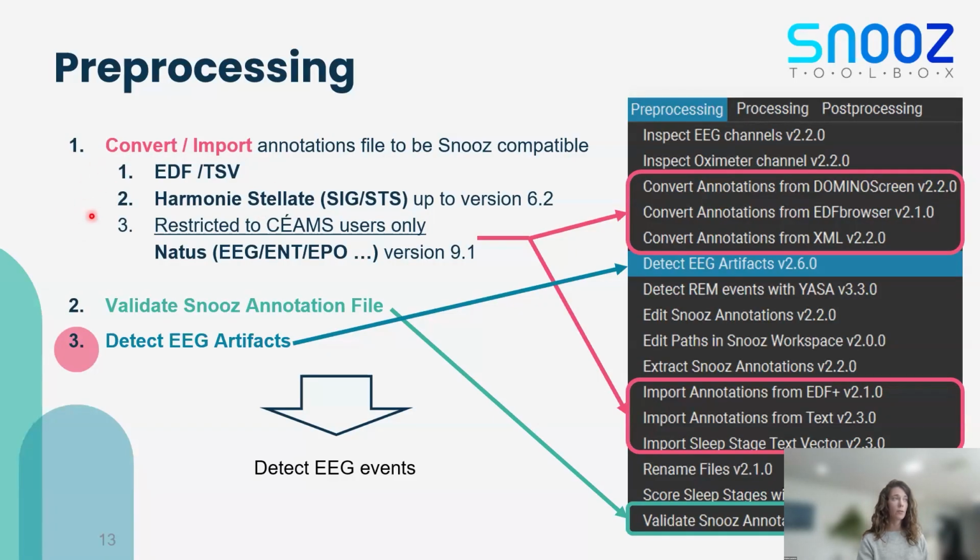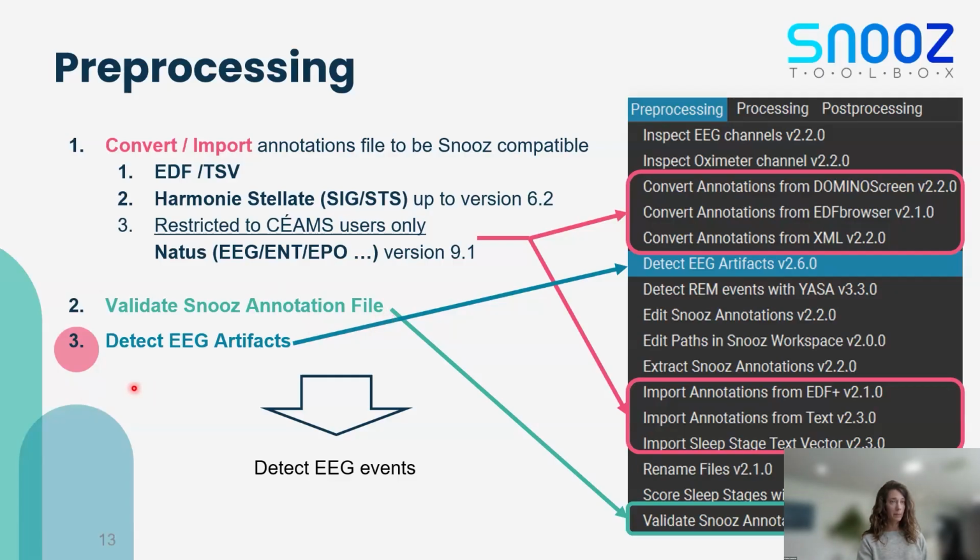In both cases, you need to have the annotation file. And for the SIAMS users, we also support the Nasus format. Also, we provide a tool to validate your converted annotation file to ensure you are ready to start analyzing your data in the toolbox.